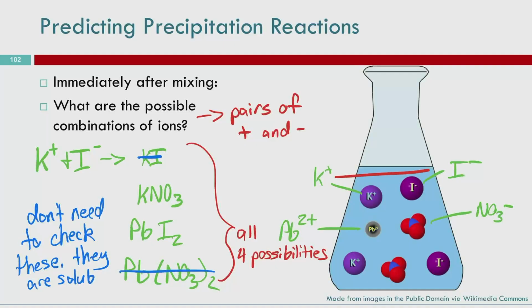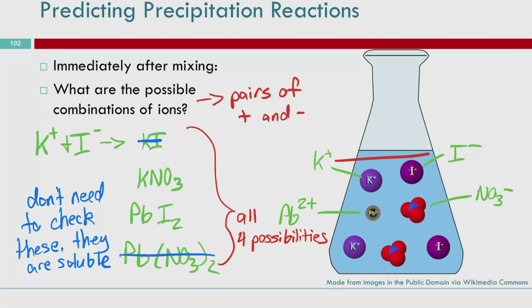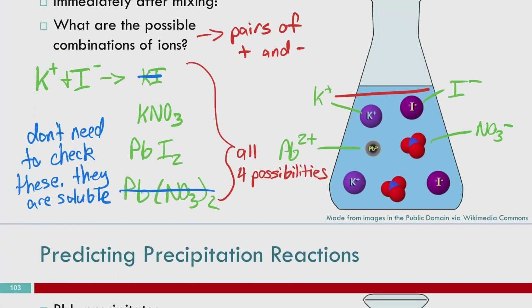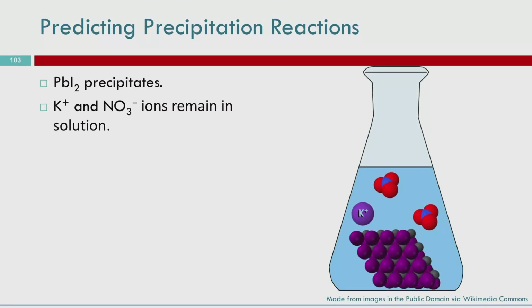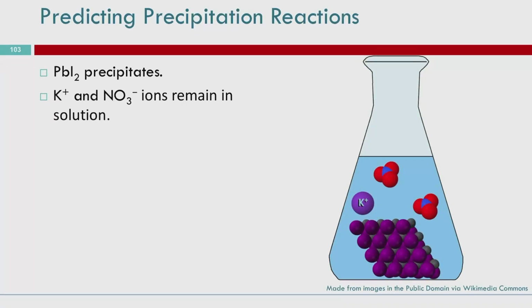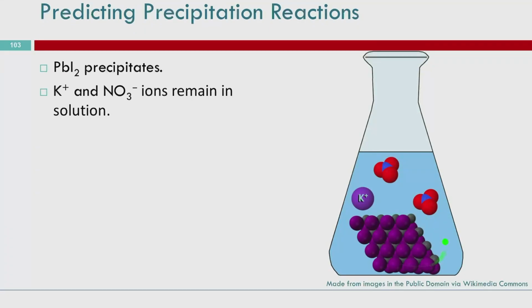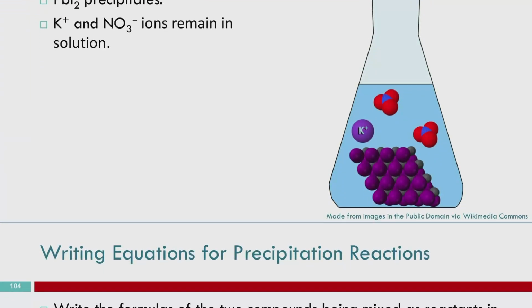This might make a little bit more sense in a couple slides. Okay, so when we mix everything together, it turns out PbI2 precipitates and the potassium and the nitrate remain in solution because potassium and nitrate are pretty much always soluble. So we just get the PbI2.